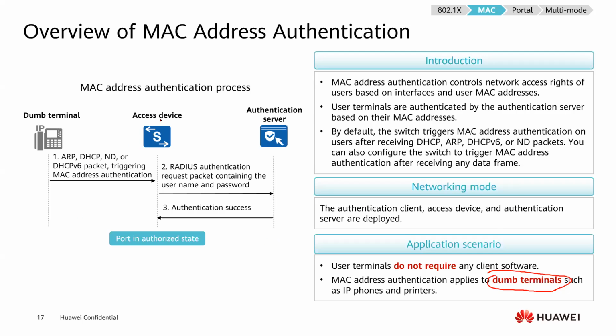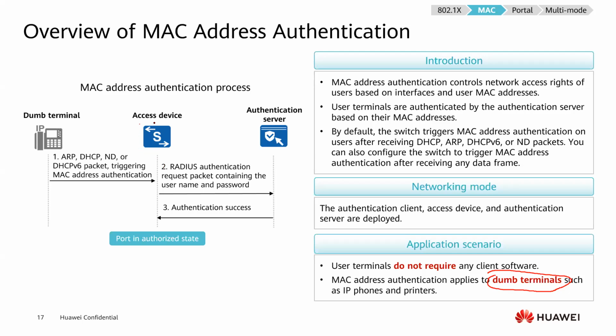So when the terminals send ARP, DHCP, ND, or other packets, the access device will trigger the whole process for this kind of authentication.